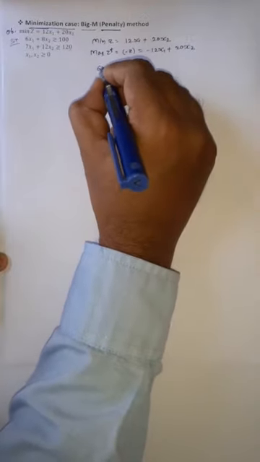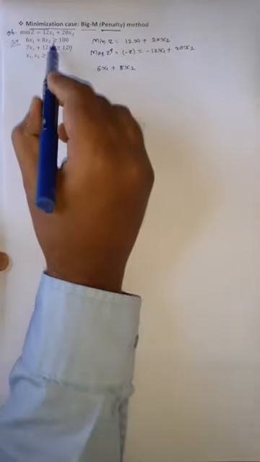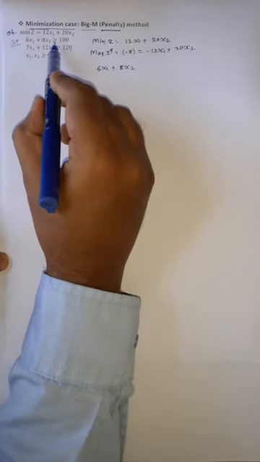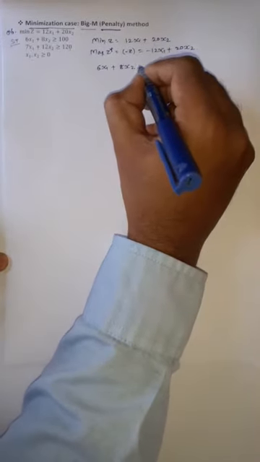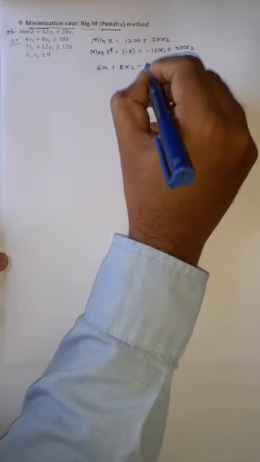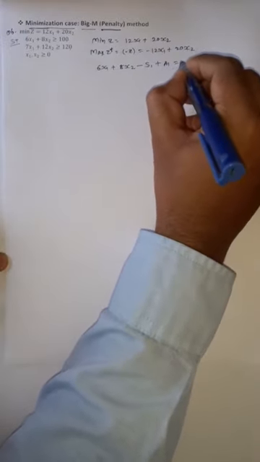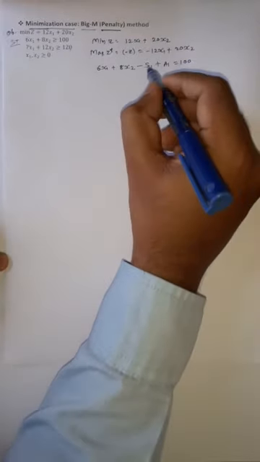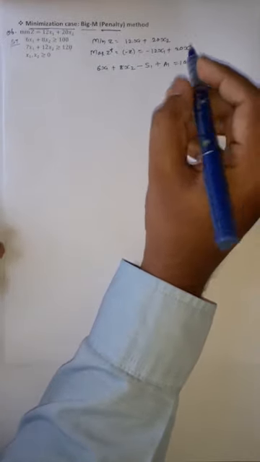Say 6x1 plus 8x2. Here it is a greater than or equal to sign, so we have to subtract a negative slack variable, simply a surplus variable. So we have 6x1 plus 8x2 minus s1 plus a1 equal to 100. Whenever you subtract any surplus variable, you have to add an artificial variable.